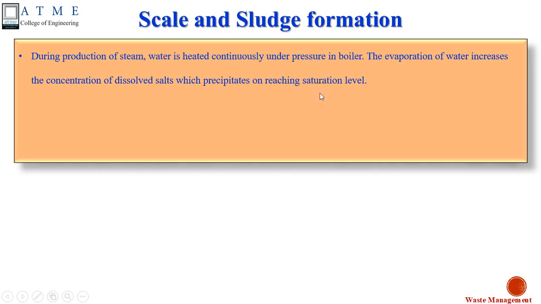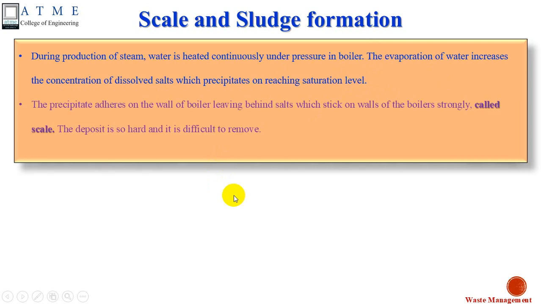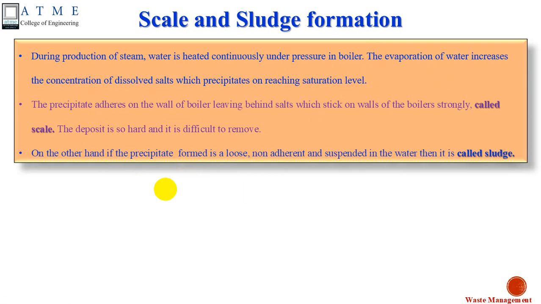So due to the saturation level, the salts will be deposited in the boiler, and the precipitate formed is thick and strongly binds on the wall of the boiler, thus creating a scale.